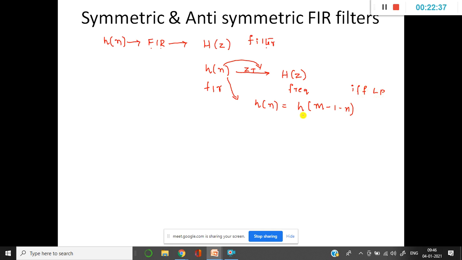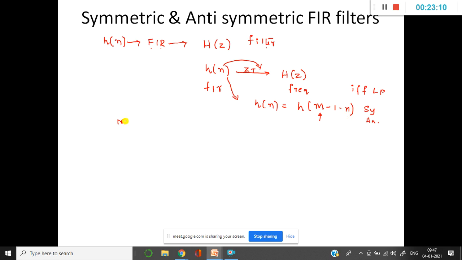This also talks about the symmetric and antisymmetric property of h of n. So h of n must be either symmetric or antisymmetric in nature. Another important point is that it also depends upon whether m is even or m is odd.